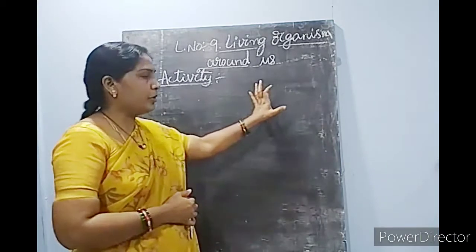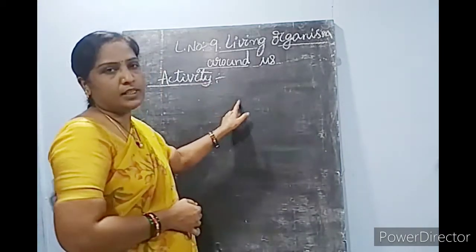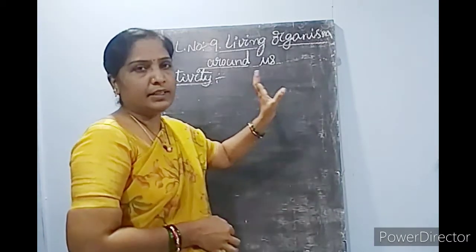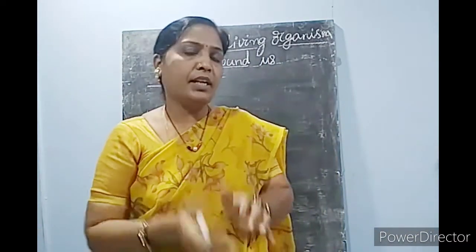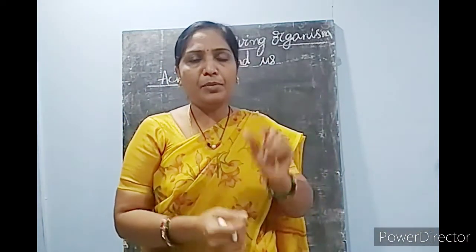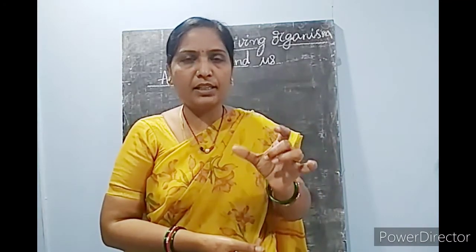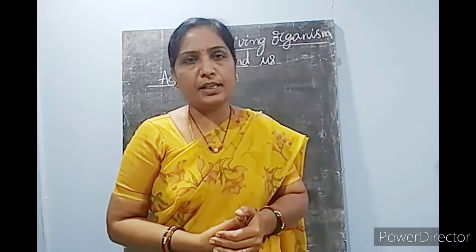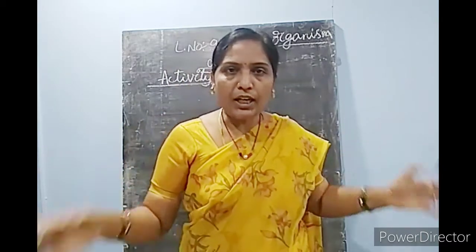Make a tabular column, with serial number 1, the organism you observed, and write its name. Like that, you collect some living organisms in your area. Collect means only the names. Write the names of the organisms which live in your locality, in your region, in your street, in your area.